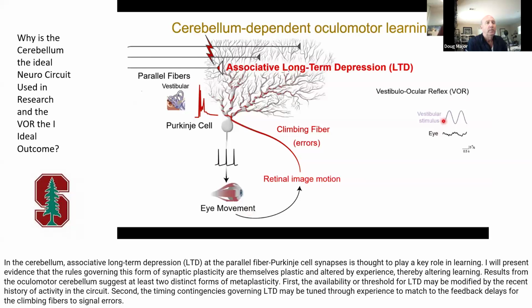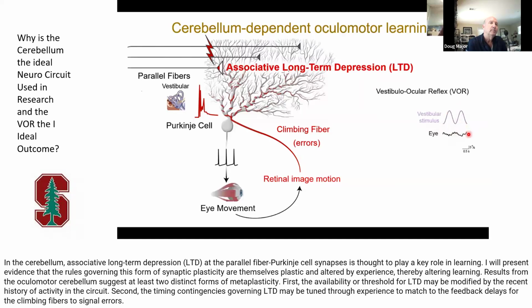As shown here, if the vestibular stimulus that we deliver is rotation of the head about a vertical axis, like a left-right head motion, that vestibular stimulus goes left, right; this is the head velocity. The eye moves in the opposite direction, right, left.